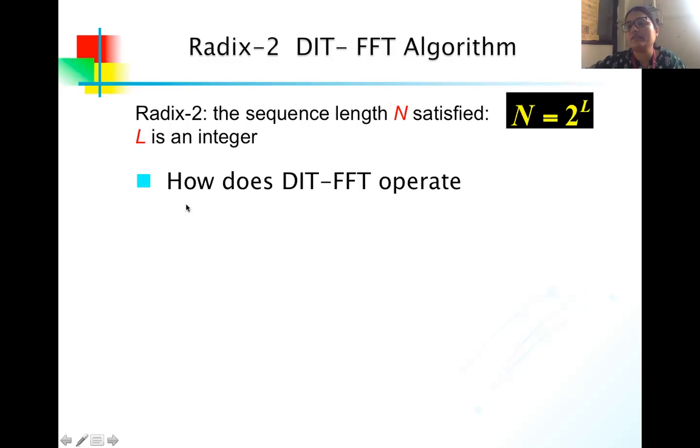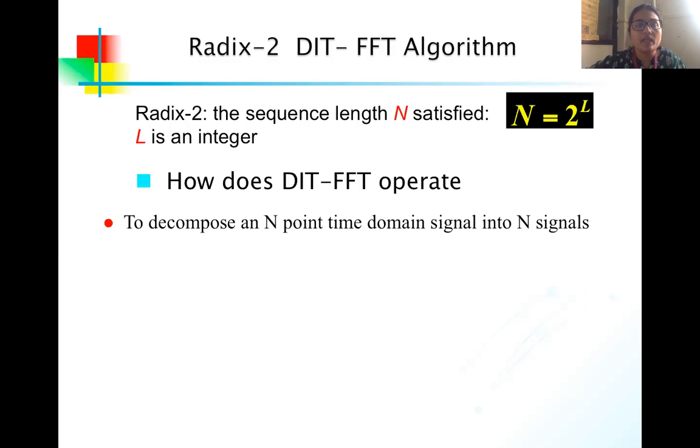How does the DIT FFT algorithm operate? We will see. In the DIT FFT algorithm, it starts decomposing the signal in the time domain. It starts to decompose the n-point signal in the time domain. Up to what extent does it go for division?